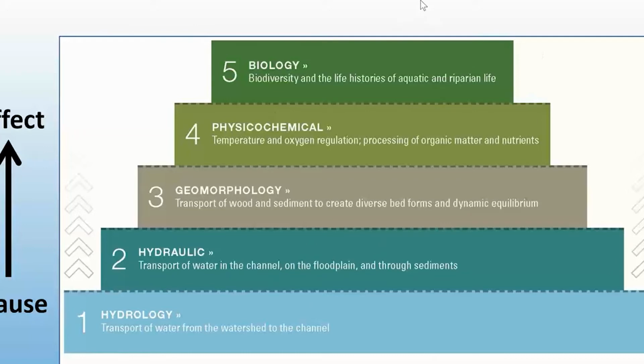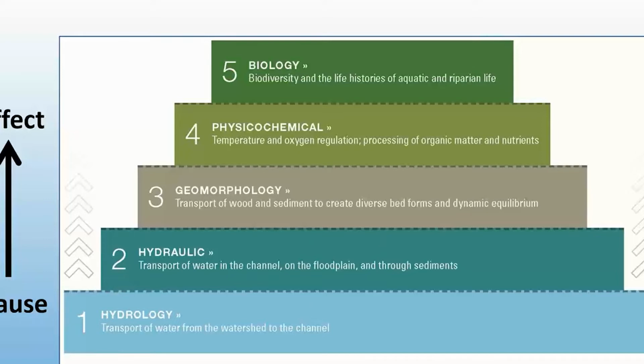Our question then would be, what are the limiting factors, or what are the functions that we need in physicochemical, geomorphology, hydraulics, and hydrology to support that fish species? It recognizes that if we have a degraded stream that's lacking a certain fish species, we can't just take buckets of that fish, dump it into the stream reach and say, you are restored, have a nice life.